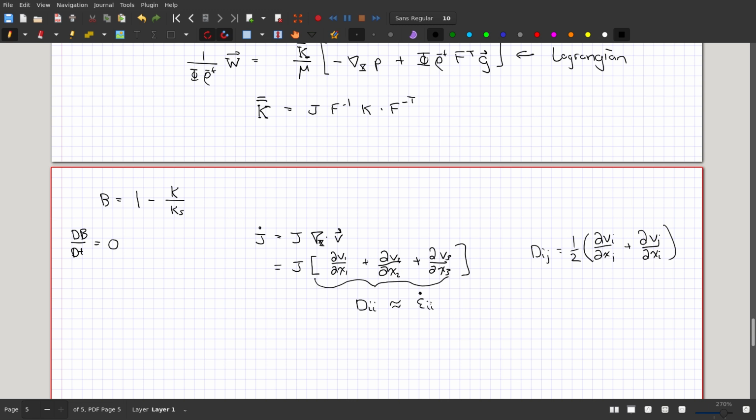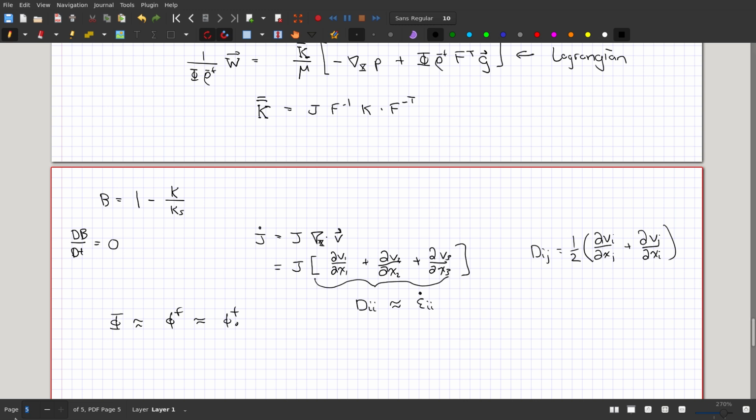You know, other approximations in the linearization, like this thing is approximately equal to that thing, which is approximately equal to also just the reference.